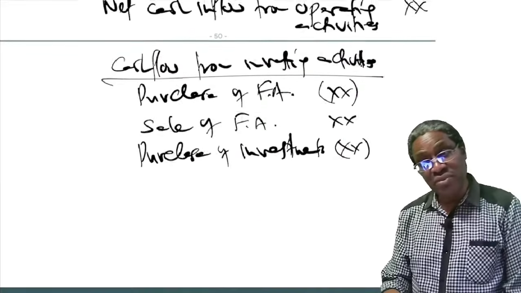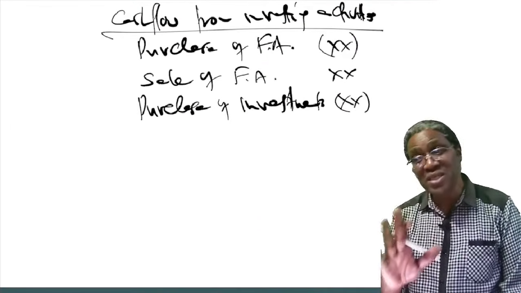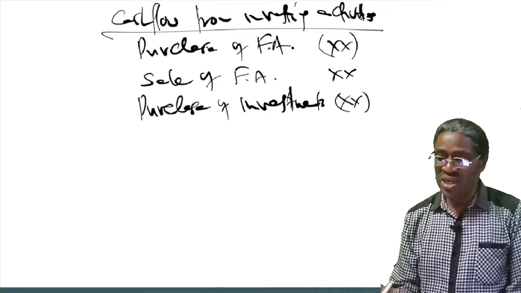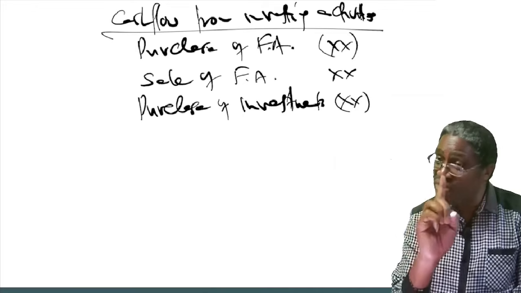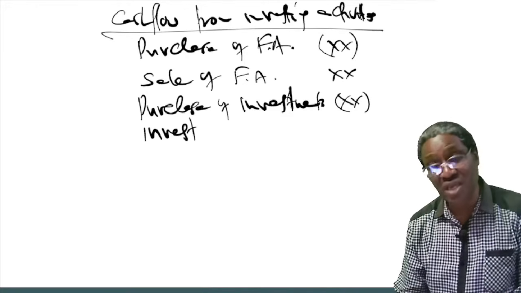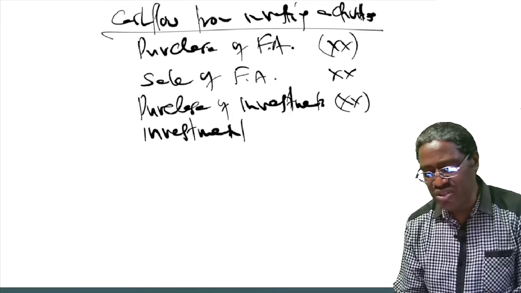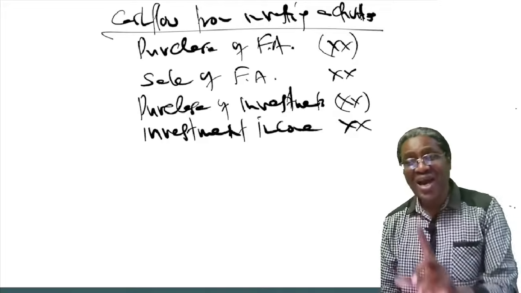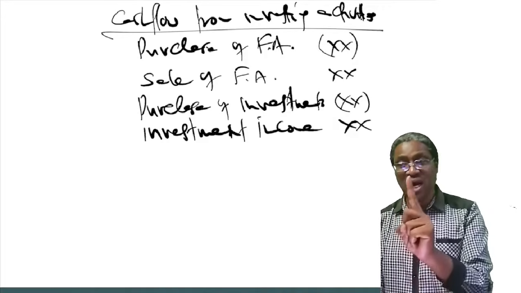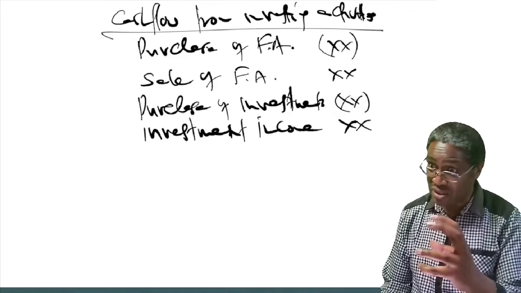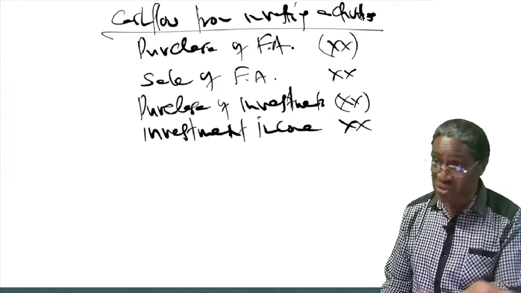Investment income, if the investment is a long-term asset or a non-current asset in the balance sheet, the investment income from that investment is always classified as an investing activity. So any investment income should be considered as an investing activity. You are receiving an income from one of your fixed assets, which is an investment.